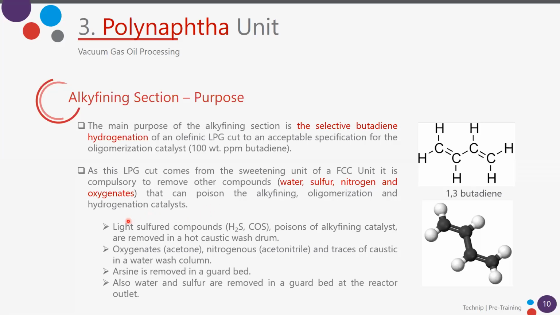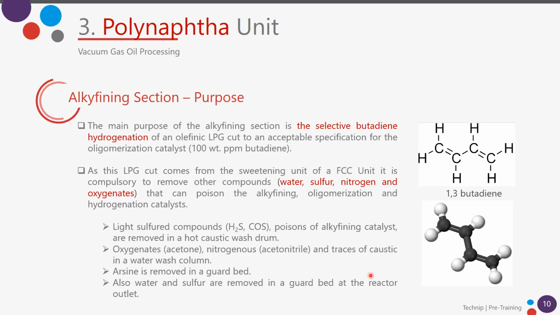So these light sulfur compounds, mainly H2S and COS, poison the alkylation catalyst, and we will remove them in a hot caustic wash drum. The oxygenated nitrogen compounds, acetonitrile, and traces of caustic we will remove in a water wash column. Arsenic is removed in a guard bed, and also water and sulfur are removed in a guard bed at the reactor outlet.